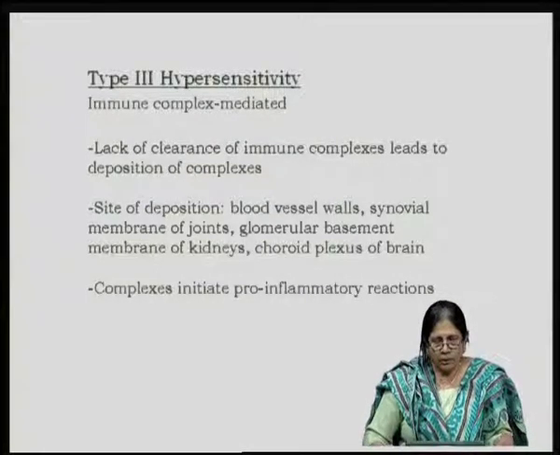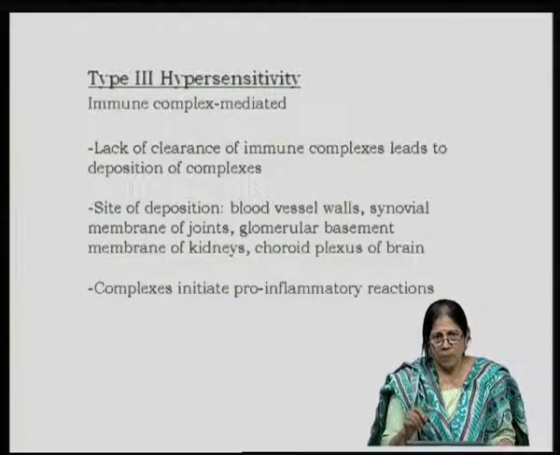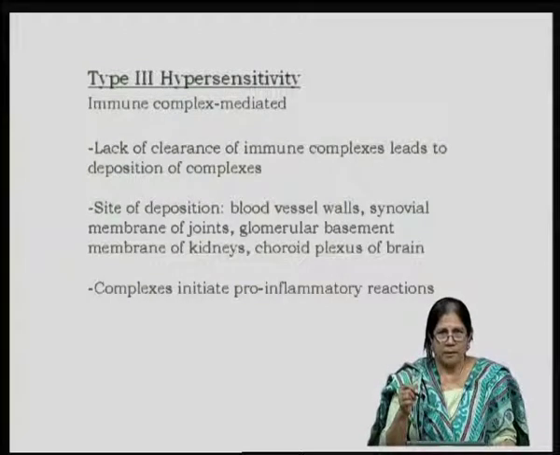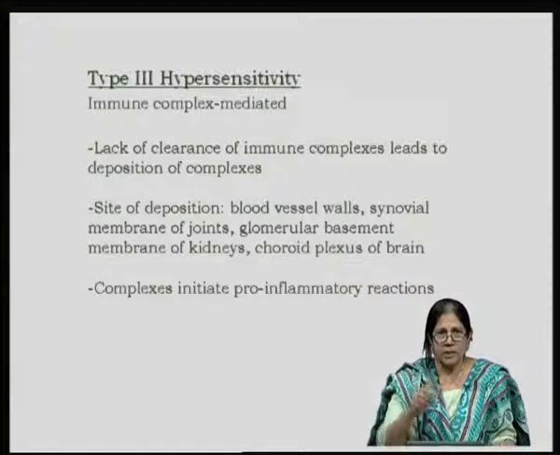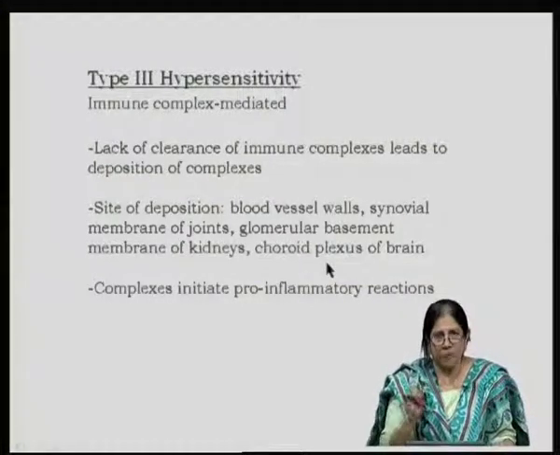So, wherever there is a site of deposition of these immune complexes, the complement cascade has been initiated and the MAC that is generated can start attacking the sites where the complexes are formed.